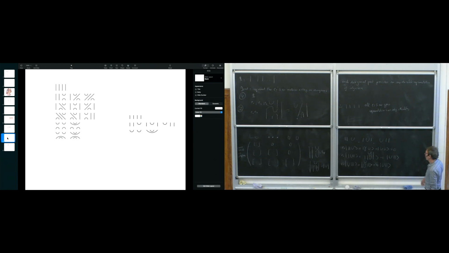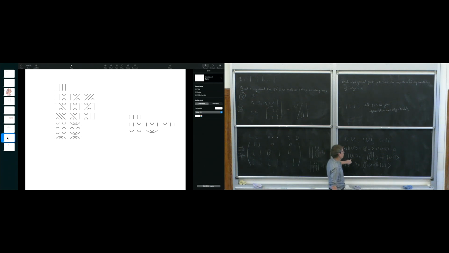So E1 acting in this space, this matrix, for the particular case of E1, any word has this structure, but this matrix for the particular case of E1 has action 0, 0, 0.